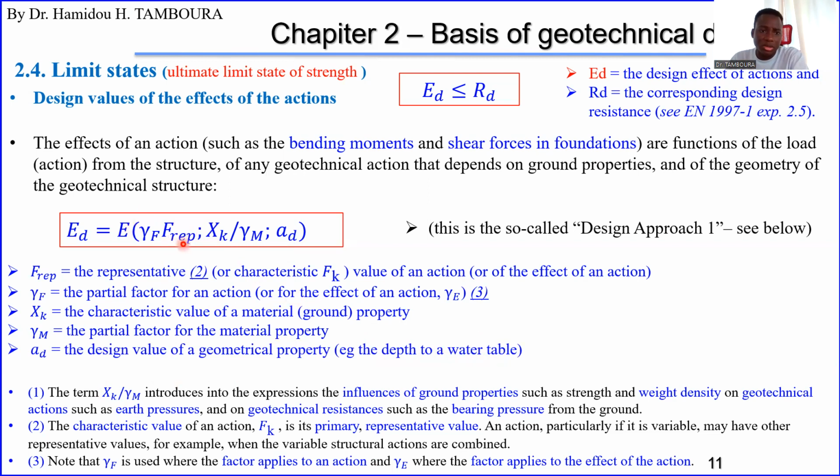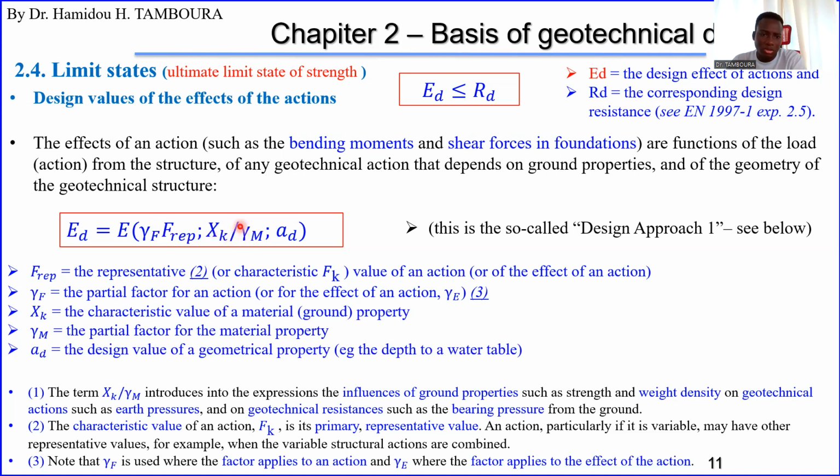So in this expression, you see three main parts. The first part is about the action or the effect of action. We use this coefficient for that. The middle one is about the material property, the soil property, the ground property.